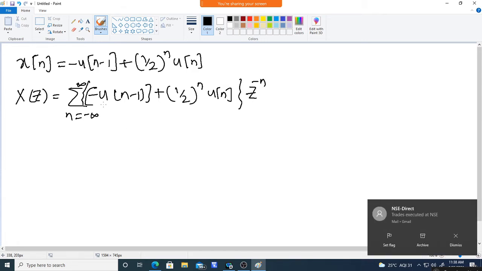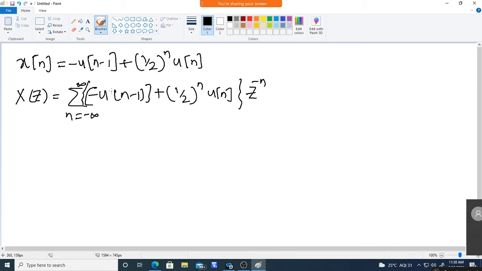Now you can see u of n minus 1: from where to where does it exist? You can put values of n: if I put n equal to 1 it becomes 0, n equal to 2 it becomes 1. So it will start from 1 to infinity.